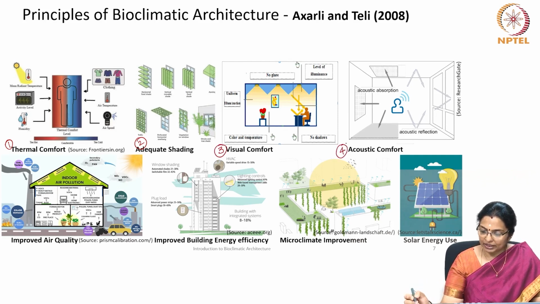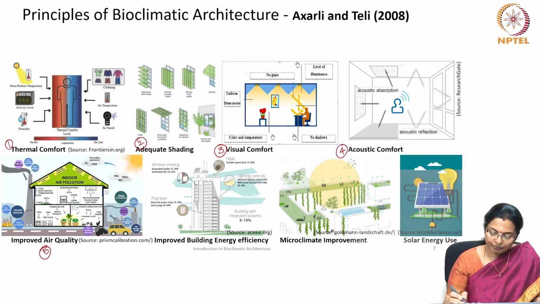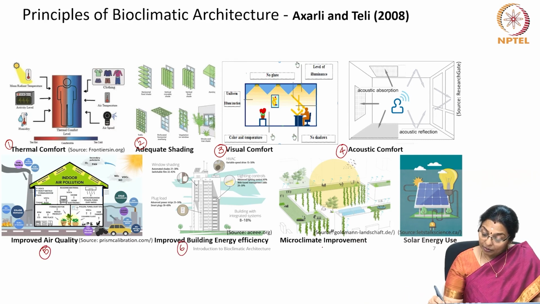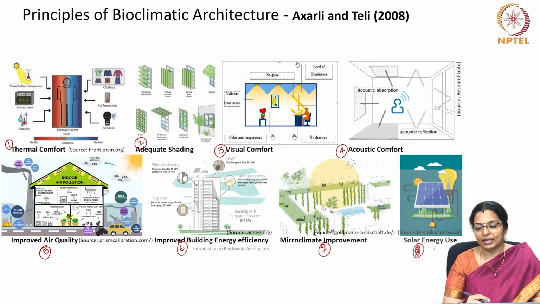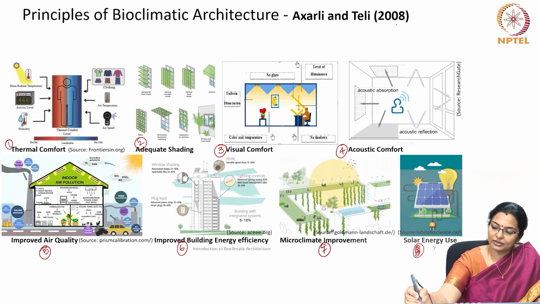Acoustic comfort becomes very important. Improved air quality, improved building energy efficiency, improvement of microclimate, and use of solar energy. So, these are the 8 principles of bioclimatic architecture according to Axerly. I repeat, first is the thermal comfort.